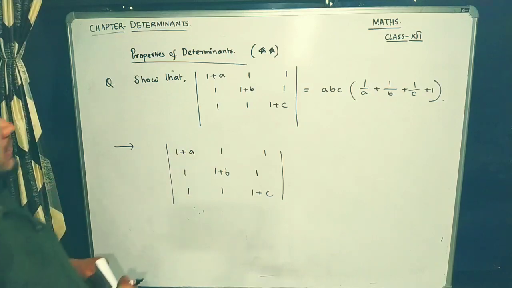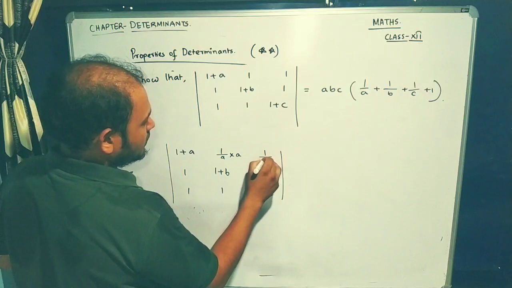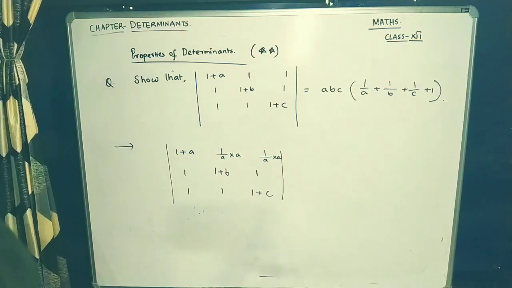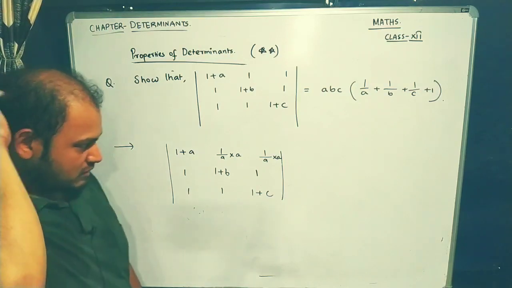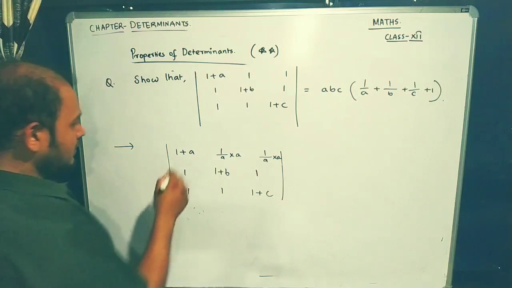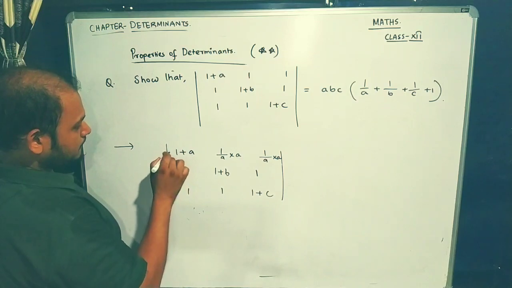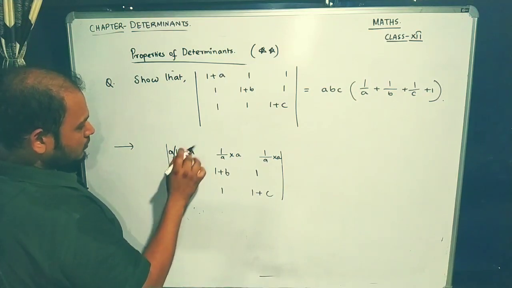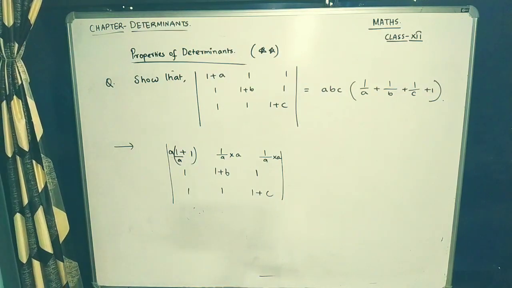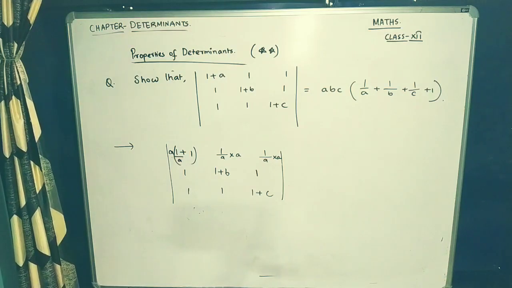So I can write 1 in this fashion as 1 by a into a, and this one as 1 by a into a, and how can I write this using this 1 by a type of notation? Can I write 1 plus a as a into (1 by a plus 1)? Yes, I can write that.